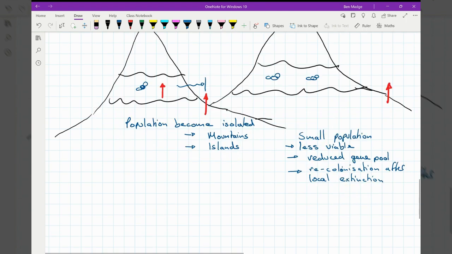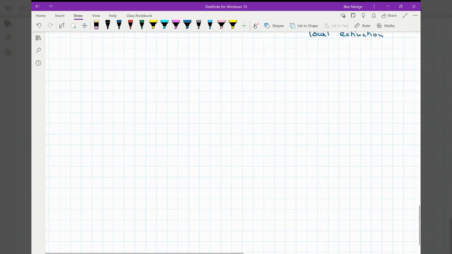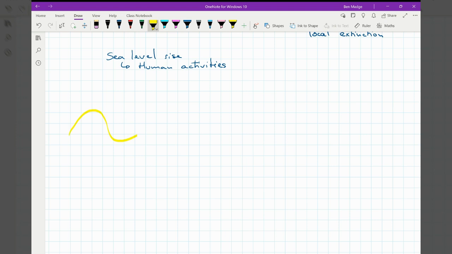Another thing that we see happening with distribution and populations is sea level rise in conjunction with human activities. So this is where we have a lovely beach. We've got some sand dunes going down to our sea.